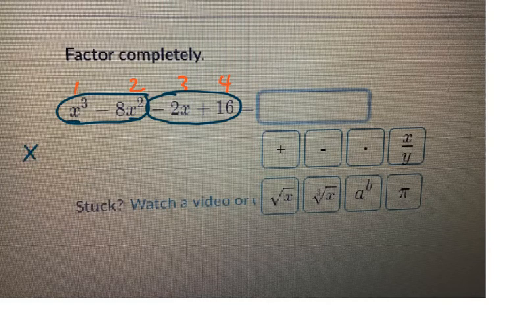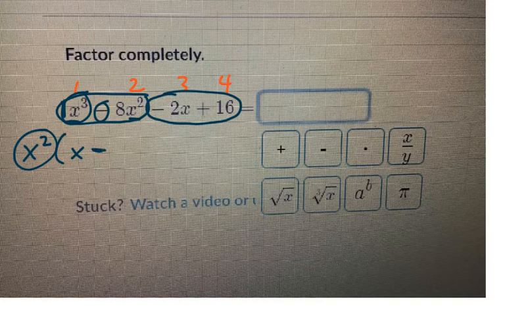I'm going to factor out an x squared. This only has a 1, so I can't really factor out a number. So x times x squared is x cubed. I notice I have a minus. Watch your signs. 8 times x squared is 8x squared. So the first part is done.